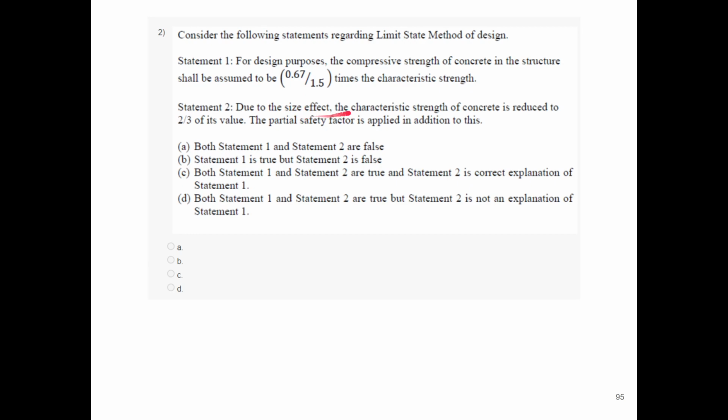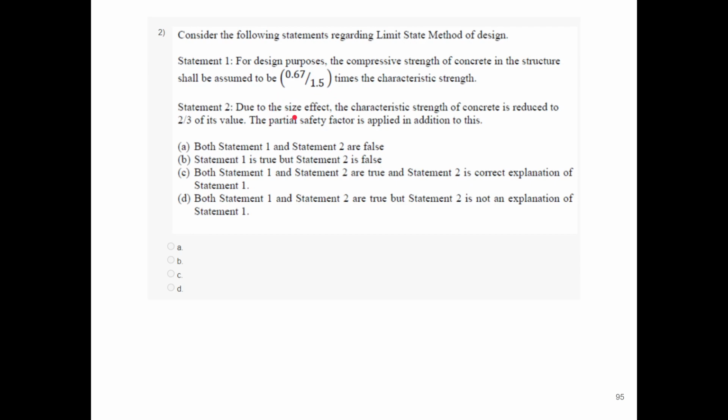Size effect is basically this: when we try to find the compressive strength, we take 150 mm cubes, right? But in normal structures, they are not 150 cubes, they can be of any size, and they are always larger than 150. It can be a slab, a beam, a column, anything, right?